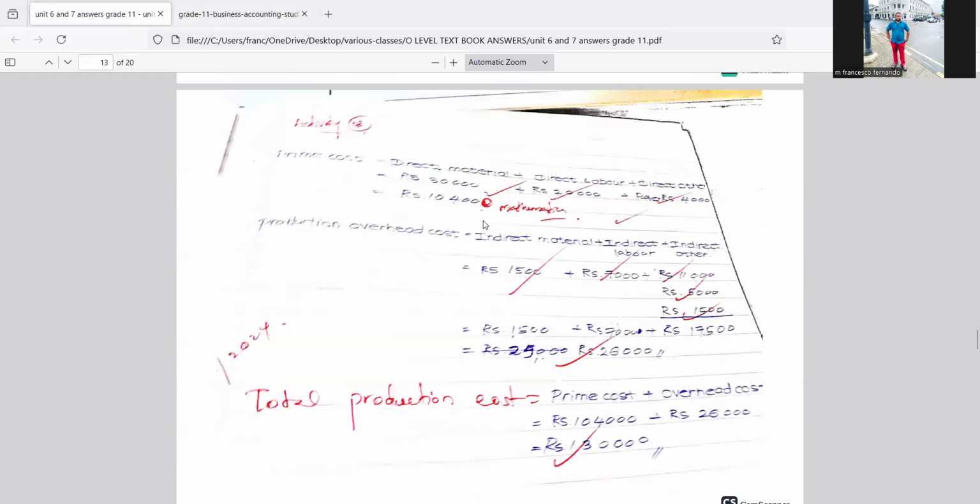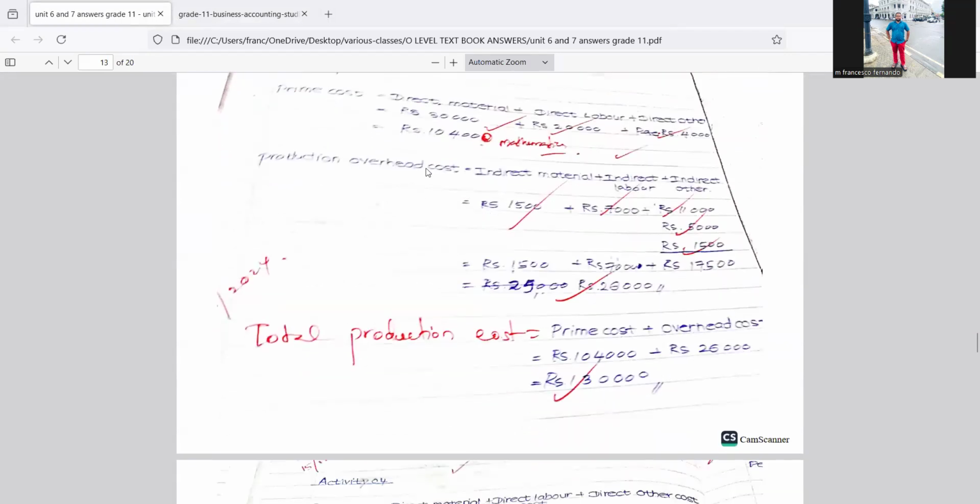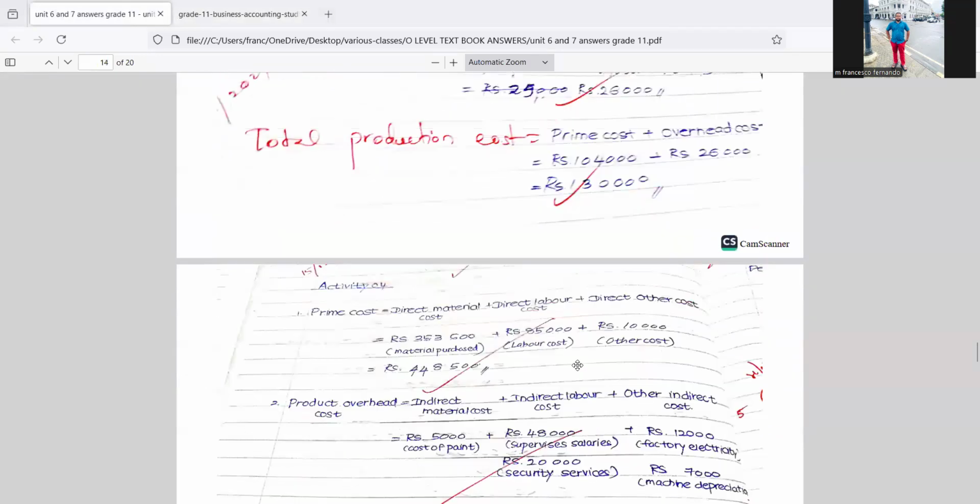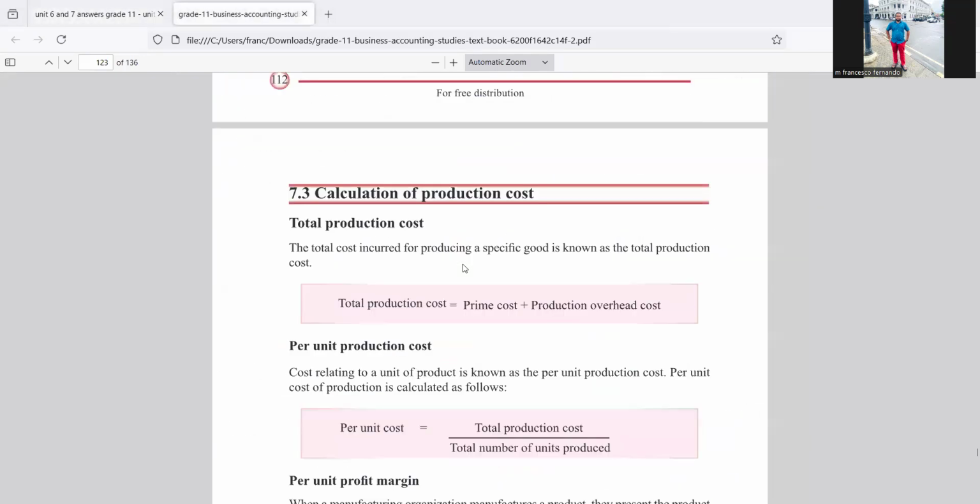So the answer is a little bit unclear, but I have said how we should categorize, right? So we will end up with the total production cost of 130,000.